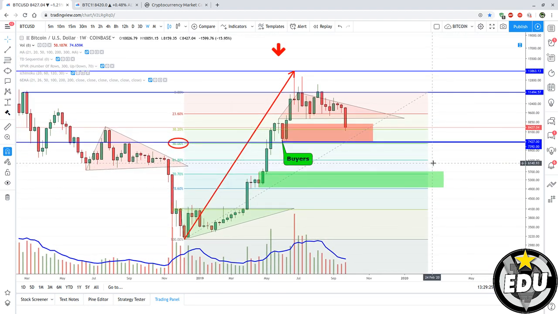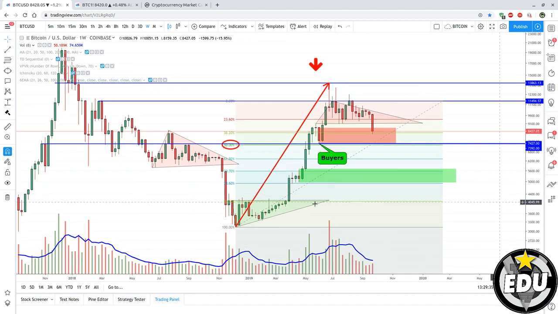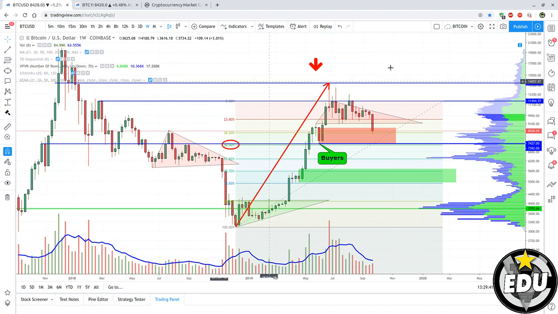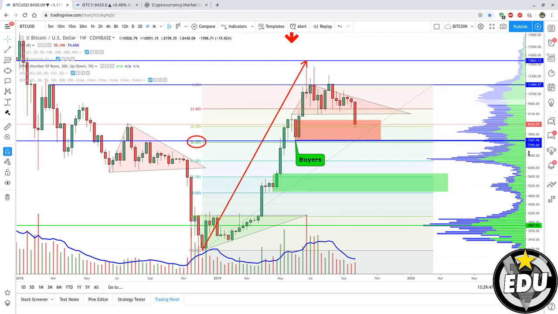Okay, so that's the weekly. I showed you the indicators. Let's see if I've got something else for the weekly. Well, the VPVR indicator, I think, is a very important indicator that tells us the highest volume at a certain precise level.